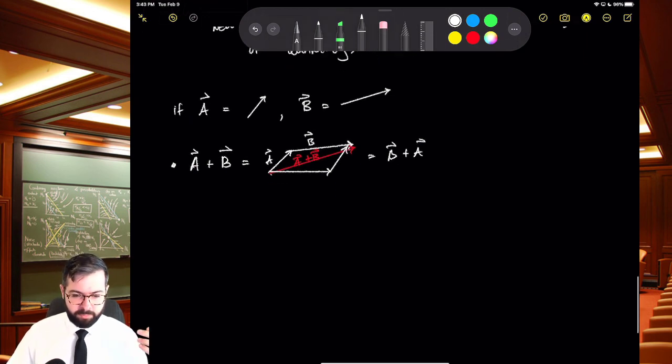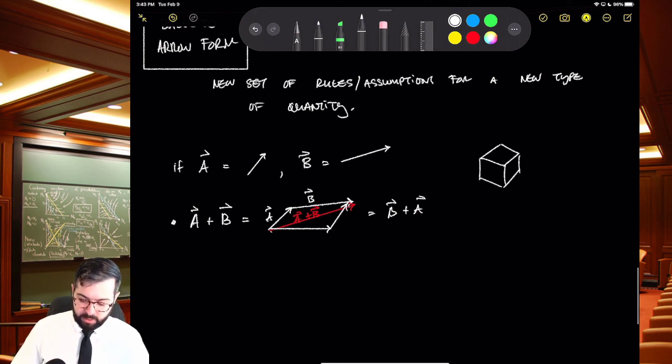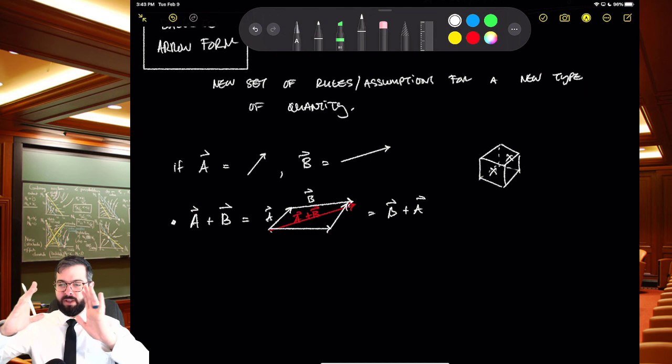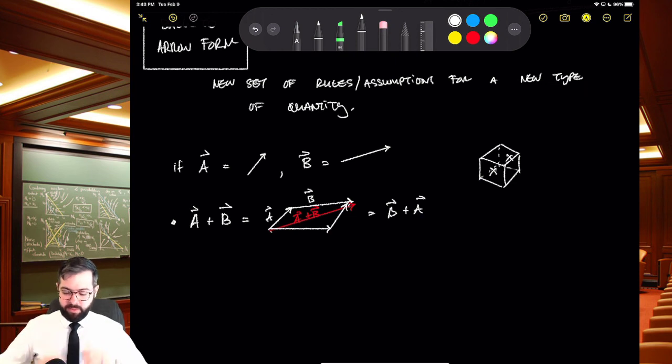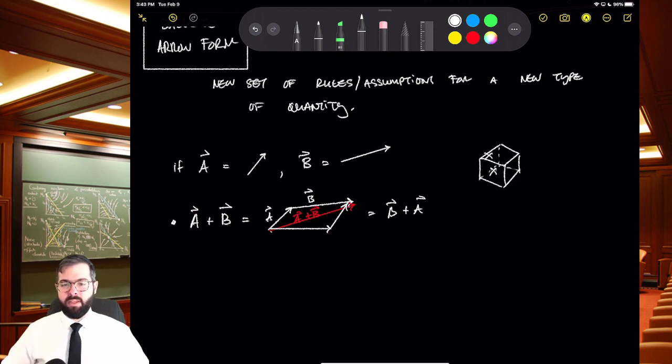We want addition to be simple. To get a visceral sense of this, and of what a resultant should be, think about standing on opposite sides of a box, so like here and here. You and a buddy are pushing on this box from opposite sides. Think about what the resulting force should be, or what the resulting action should be. And then think about if you instead were both standing on kitty corner sides of the box.